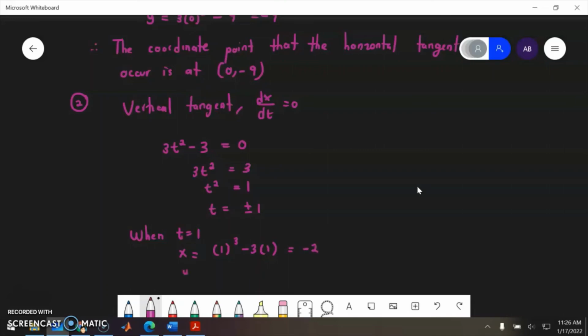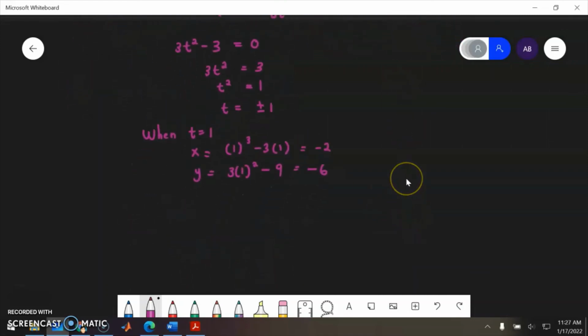And then y will be 3 times 1 squared minus 9, so 3 minus 9 is minus 6. And then when t is negative 1, x will be negative 1 cubed minus 3 times negative 1, that will be negative 1 plus 3, which is 2.